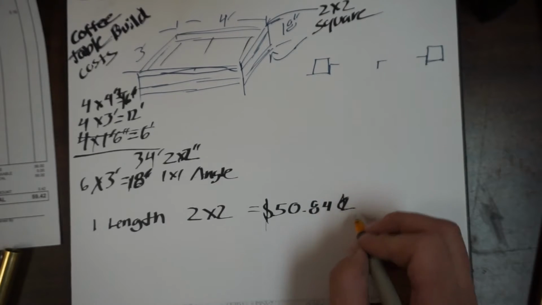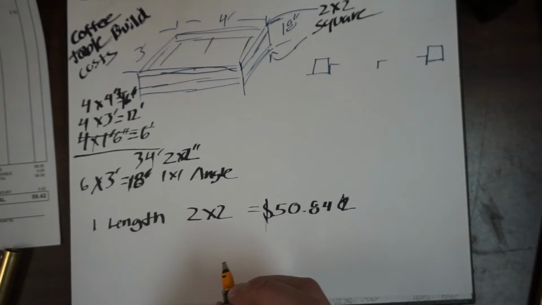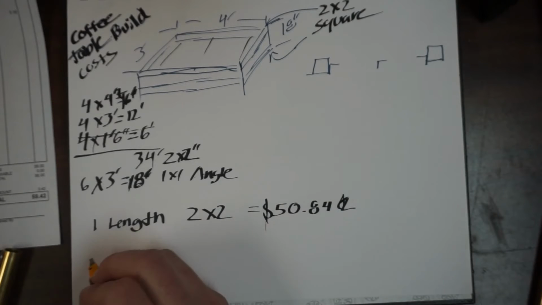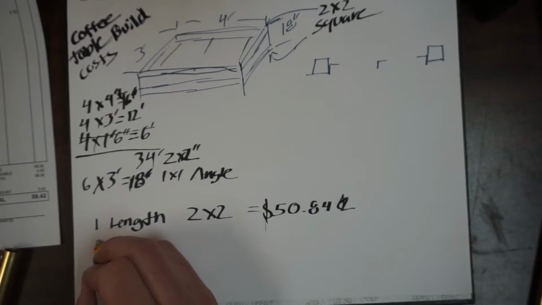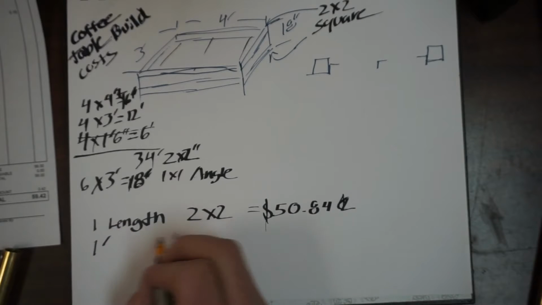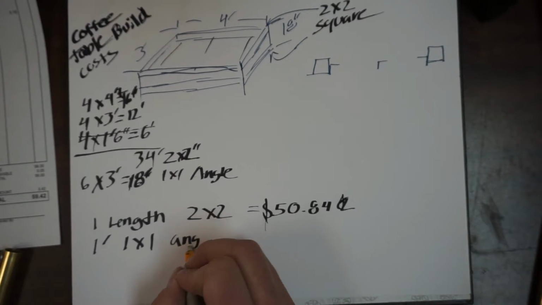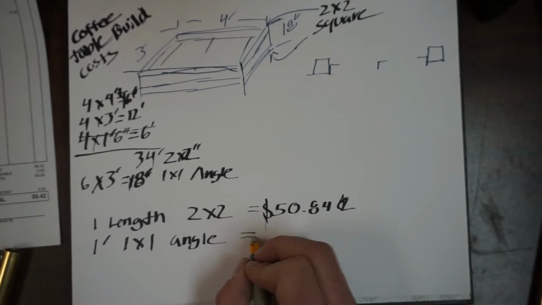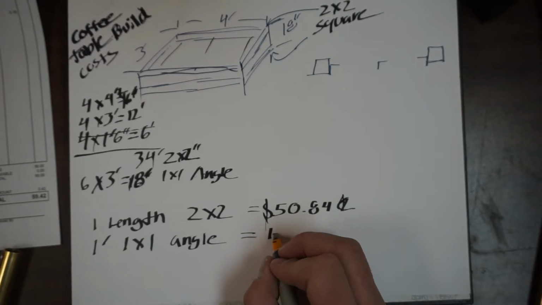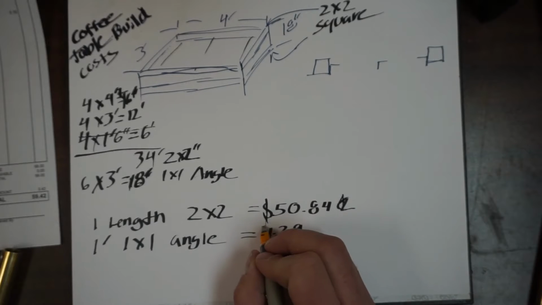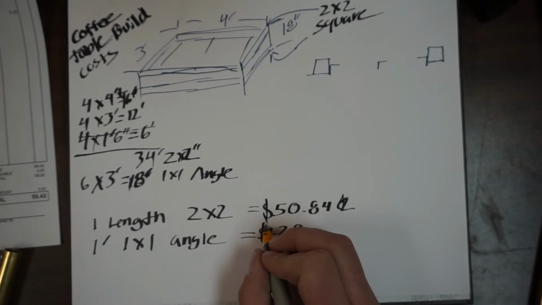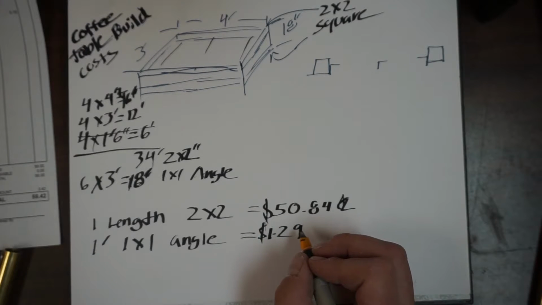Okay, there we go. I can get rid of that. And I'm going to need 2 of these. And then we have 1 foot of 1 by 1 angle is going to equal $1.29.